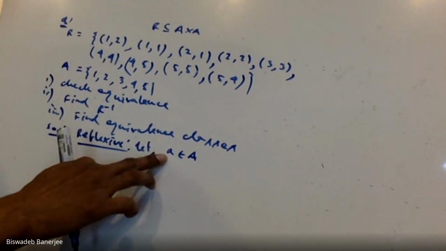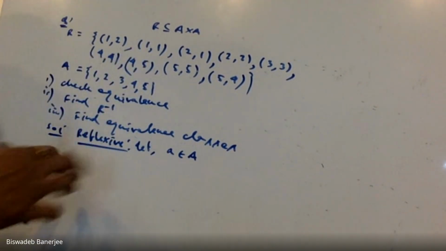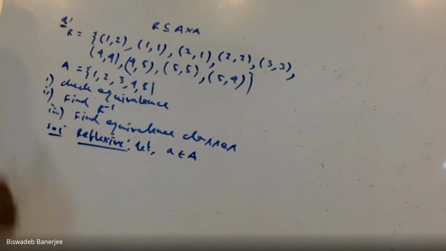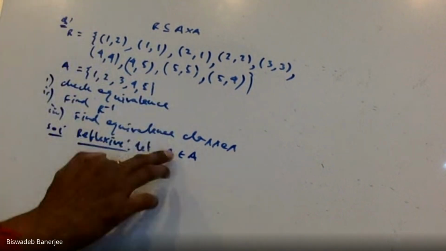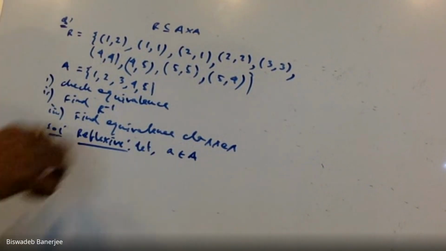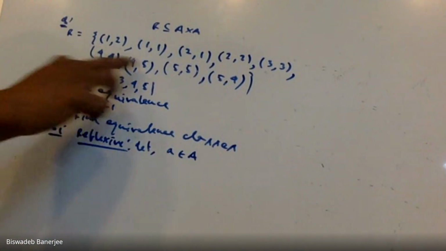For example, if we take a equal to 1, we see that (1, 1) belongs to this set. If we take a equal to 2, you have to check for every member. If we take a equal to 2, yes, (2, 2) belongs to this relation. If you take a equal to 3, yes, (3, 3), (4, 4), (5, 5).